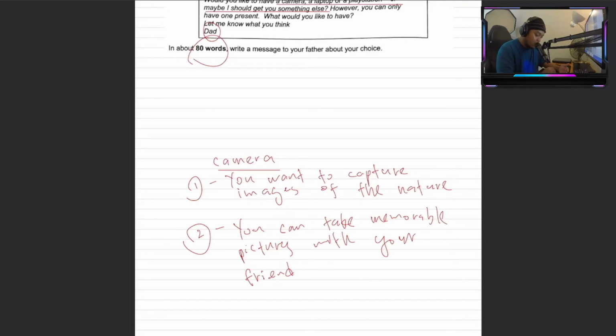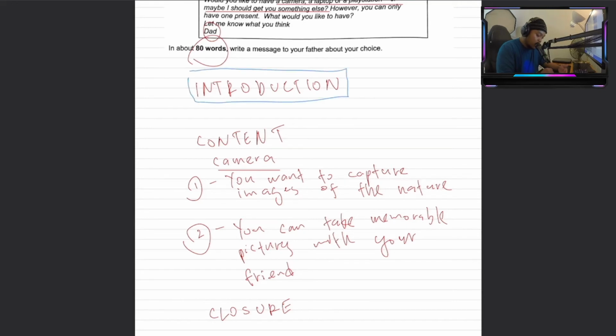Before this body paragraph, what you need to have is an introduction. And then this is a content paragraph, and after that you're going to have your closure. This is the usual thing that you need to have in your essay. Make sure you have all of these things in all of your essays, because this is the basic one.